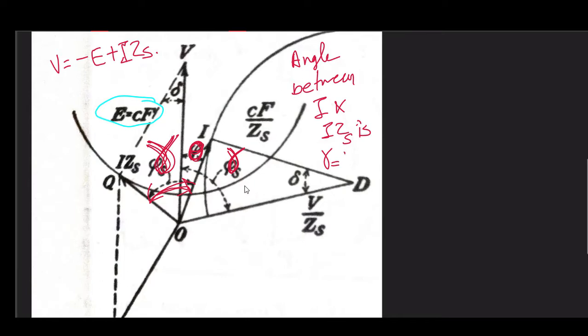It is gamma, where gamma is tan inverse of Xs by R. Similarly, the phasor V by Zs and phasor V, their angle difference is also gamma.